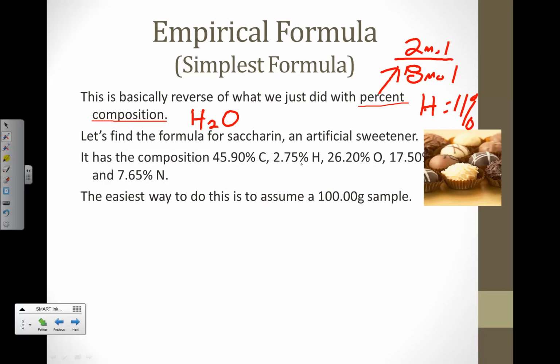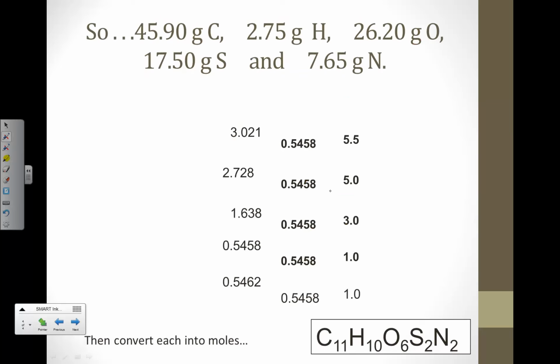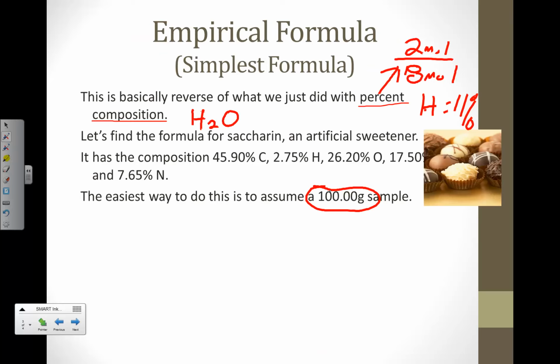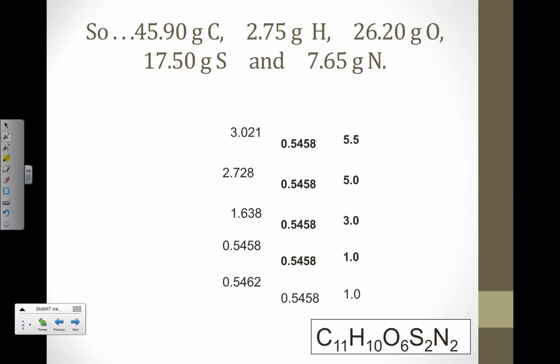Now, with these percents, we always assume that it is a 100 gram sample. That makes it easier for us to convert to what we need. See here how we start with percent. We have 49.9%, which is then equal to 49.90 grams.